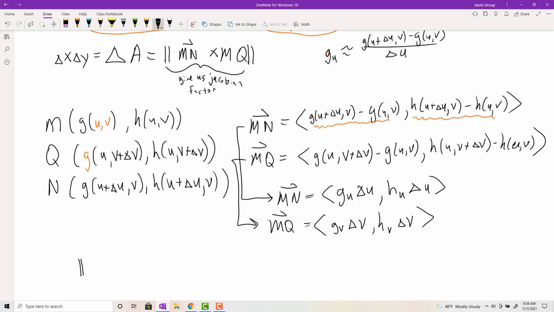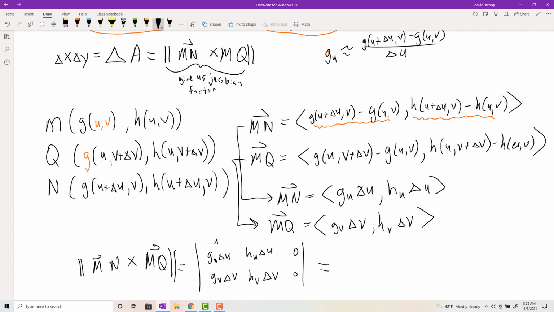So this cross product, MN cross MQ, is just going to be GU change in U, HU change in U, and then GV change in V, HV change in V, 0, 0.